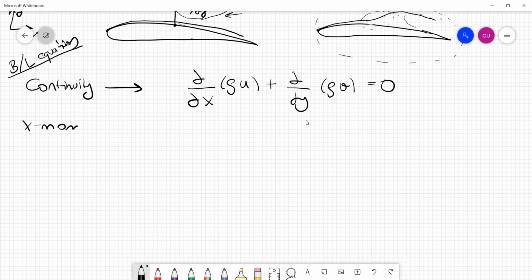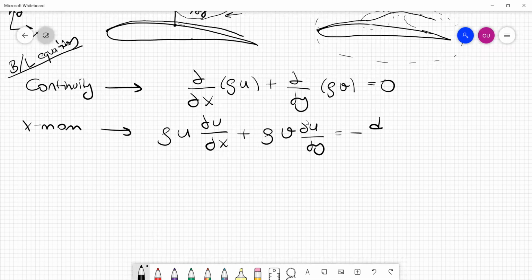the x momentum equation: rho u du/dx plus rho v du/dy is equal to minus, I will write an ordinary derivative now for pressure, and I will put a subscript e. What is the subscript? We will see later. dpe/dx, and why I used an ordinary derivative instead of a partial derivative, I will explain.